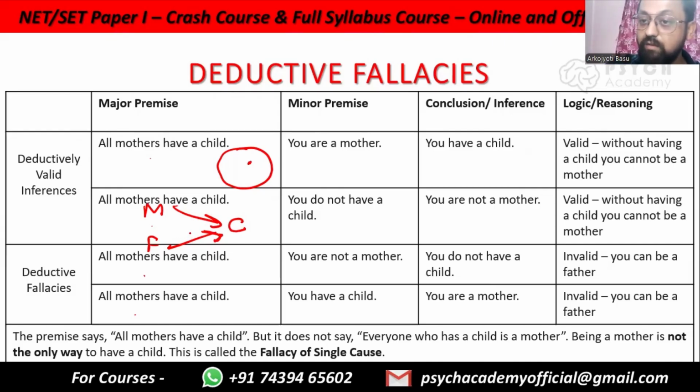That is called the fallacy of single cause, assuming that everything can be caused by only one thing and hence making inference based on that. Only if you understand that all mothers have a child, so you are not a mother. Even without being a mother, you can have a child. There is another route to having a child. Then we understand that this is not valid reasoning. So this is invalid reasoning.